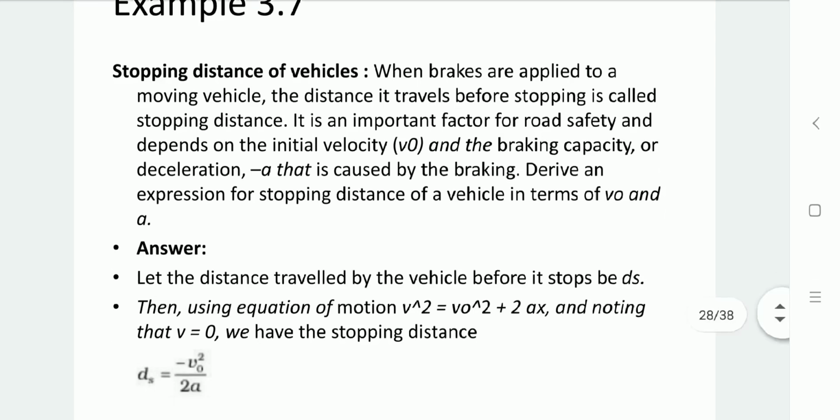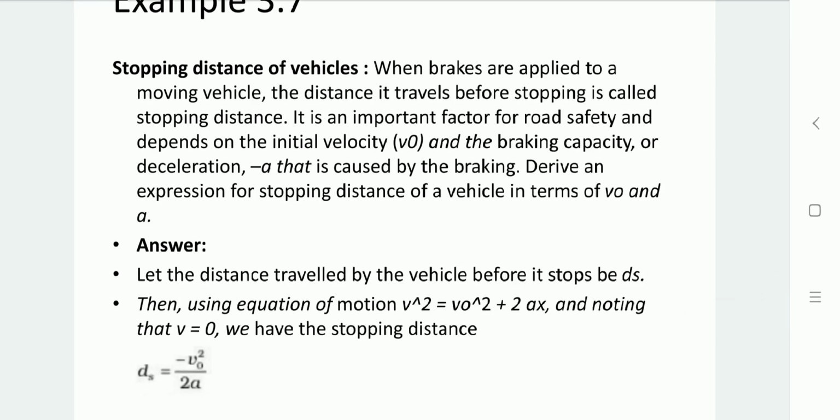So this is the equation through which we are able to calculate the stopping distance. By observing this equation, we can say that stopping distance is proportional to the square of the initial velocity. If the initial velocity is doubled, then the stopping distance will increase by a factor of 4.